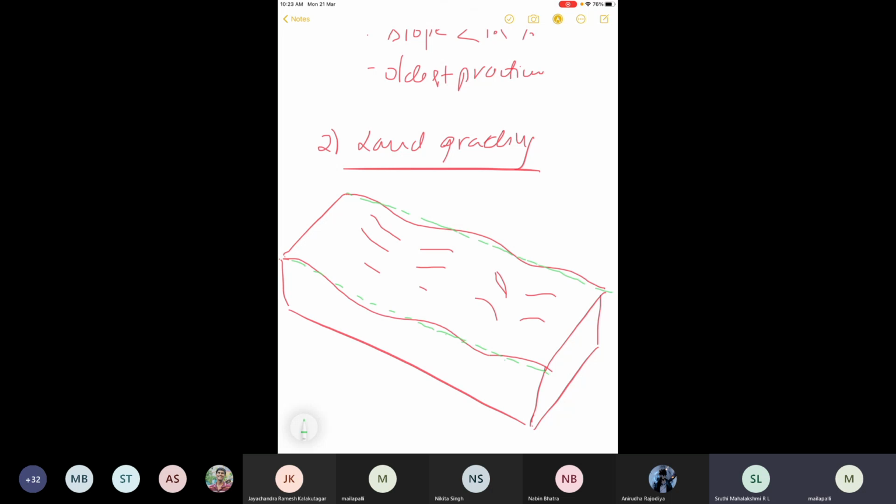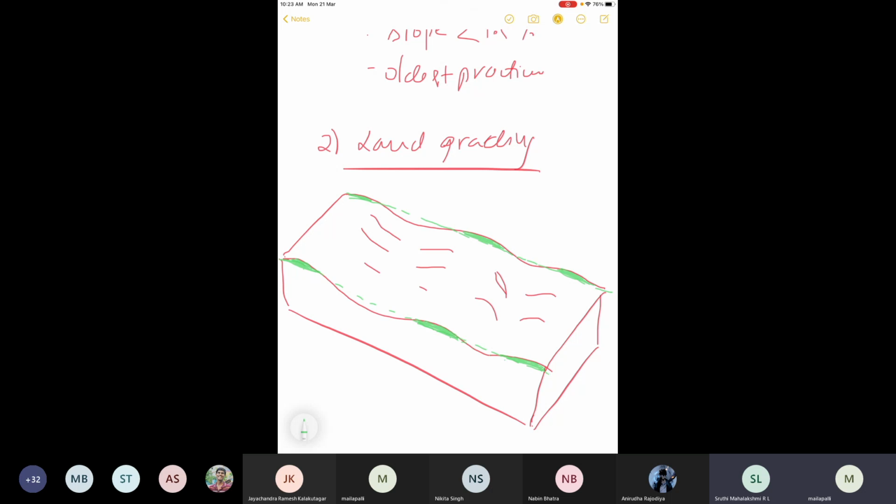Here I need to cut, this portion I need to cut, and this portion I need to cut, and again this I need to cut. Similarly here, this to be cut, this to be cut, and this to be cut.